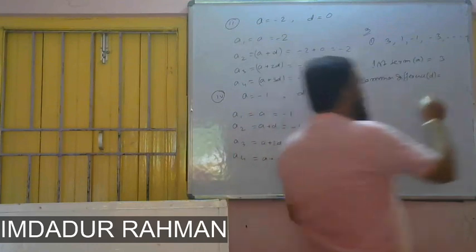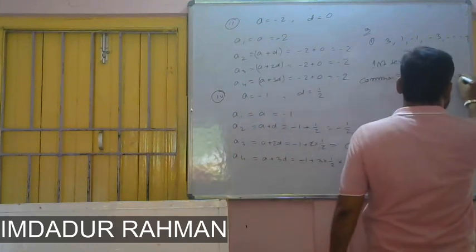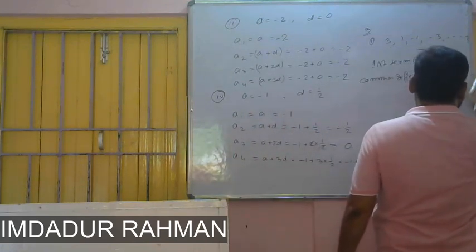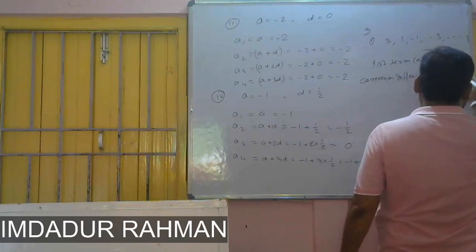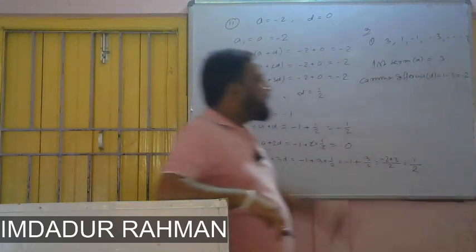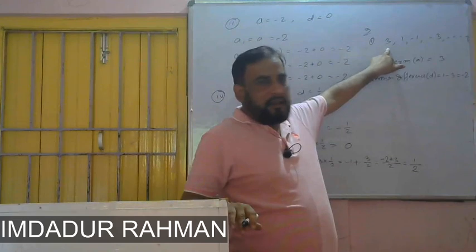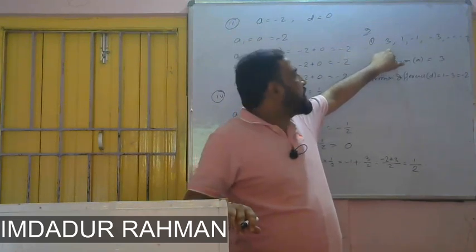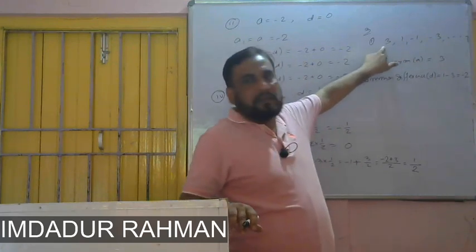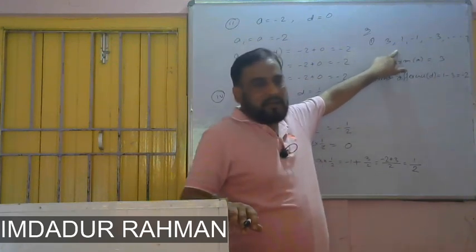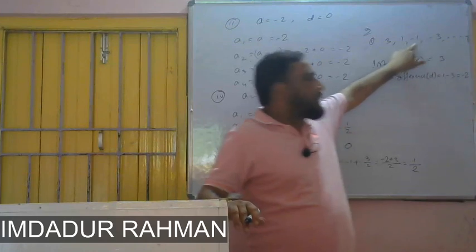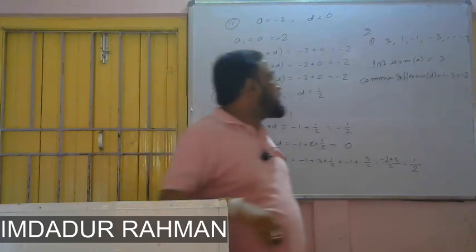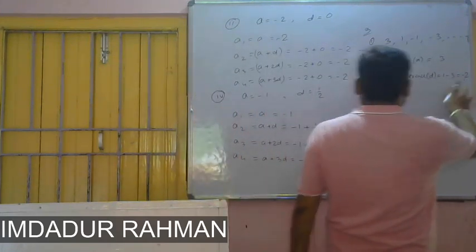What is second term? 1 minus 3 is equal to minus 2. Okay? So the first term is 3, and to find the common difference we take second term minus first term, third term minus second term, fourth term minus third term, that is the common difference. So the common difference here is minus 2.